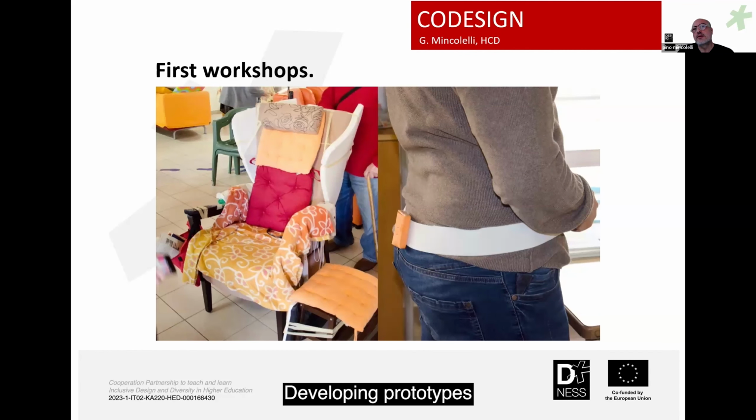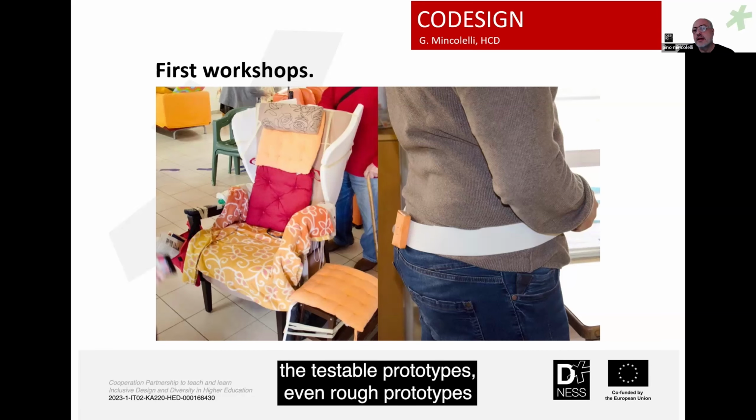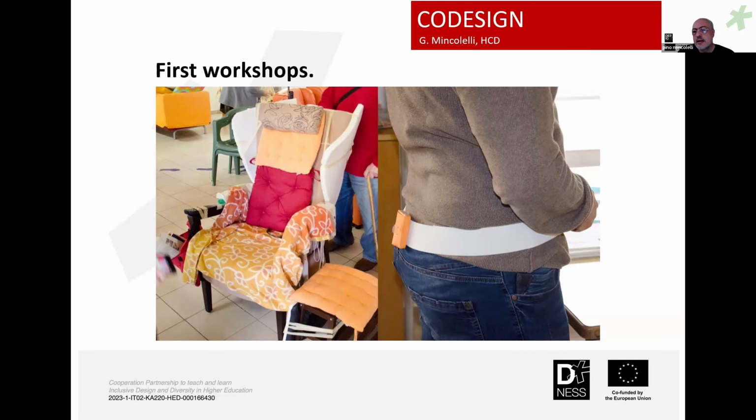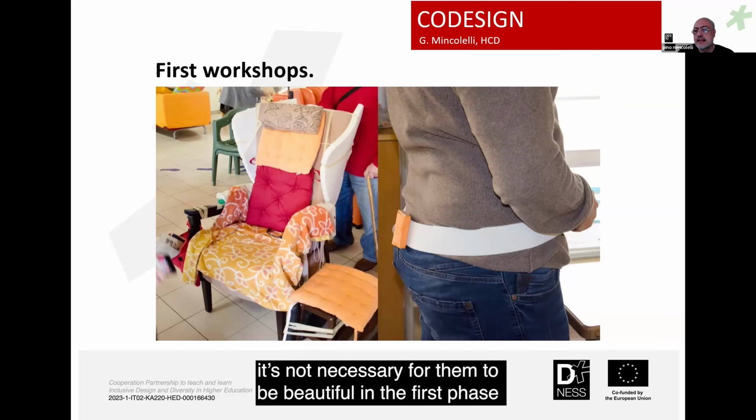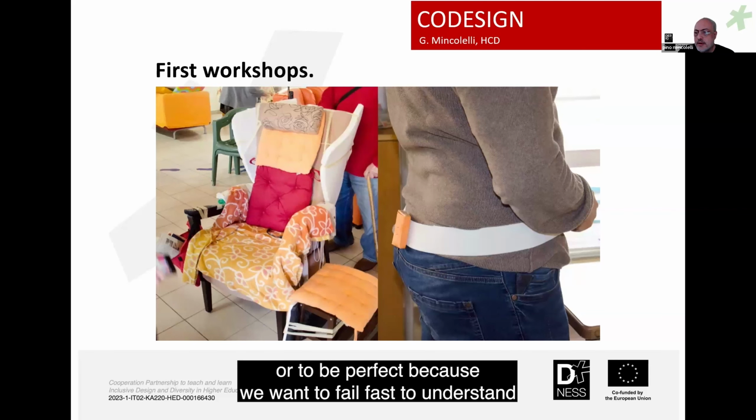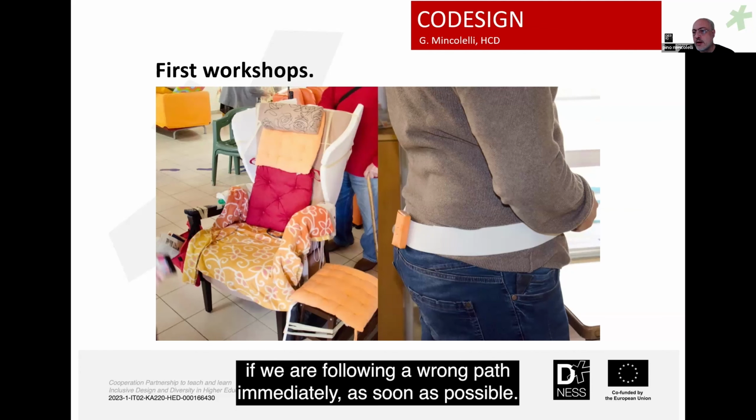Developing prototypes is the main part of the co-design process. A testable prototype, even a rough prototype, is what you need. It's not necessary in the first phase that they are beautiful or perfect, because you want to fail fast to understand if you are taking a wrong way immediately, as soon as possible.